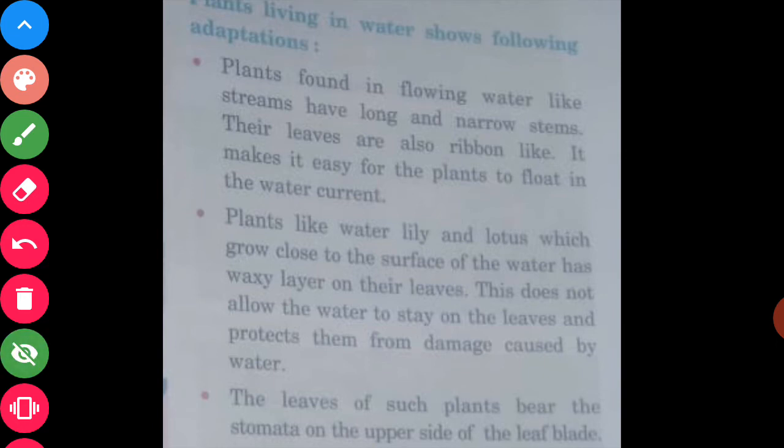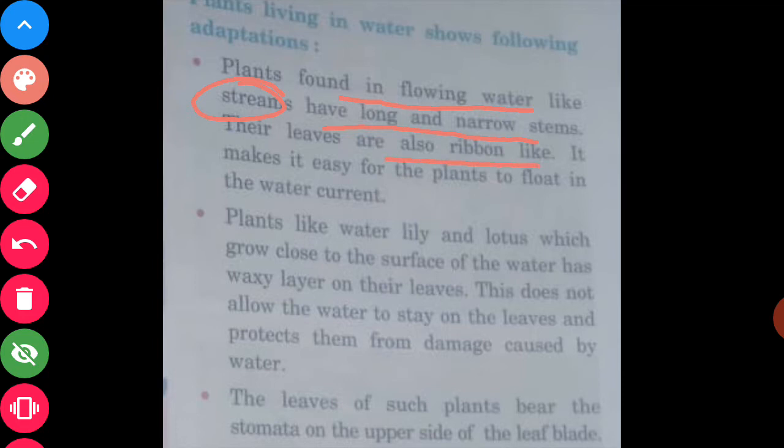What are the adaptations shown by aquatic plants that live in water? Plants found in flowing water, like streams, have long and narrow stems. Their leaves are ribbon-like.